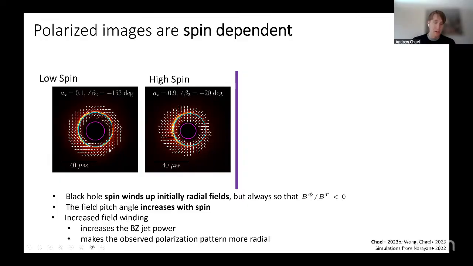Again, the polarization is rotated 90 degrees relative to the field. And so the more radial fields in the low spinning case translate to more toroidal polarization. And for the high spinning case, we have very radial polarization vectors, indicating that the underlying field is very wound up. And this increased field winding with spin is increasing the jet power, and it's also making the polarization pattern more radial, as I said.